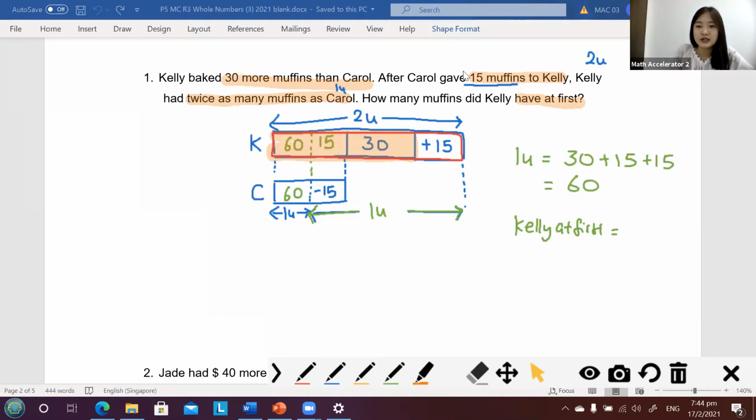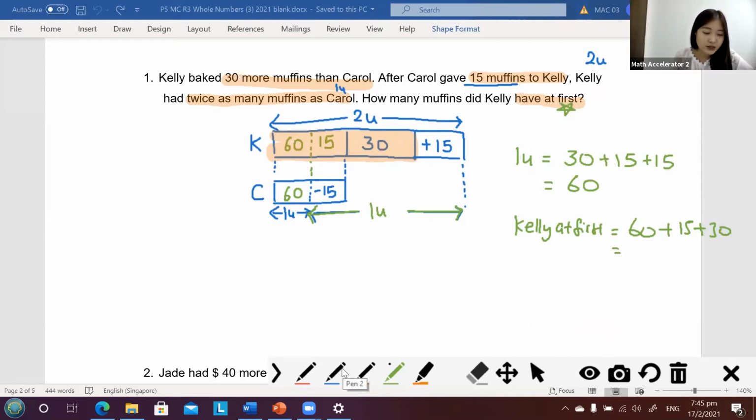So she didn't have the 15 at the start. So you should only be looking for the highlighted part, which is not including the 15. So it will be 60 plus 15 plus 30. So that's Kelly at first. So the keyword here is at first. Take note.